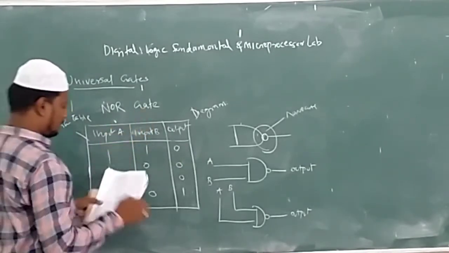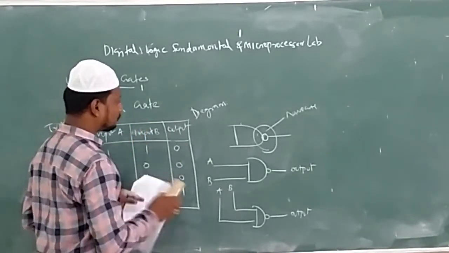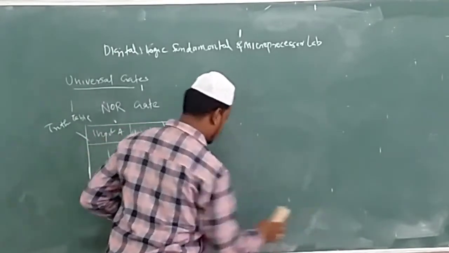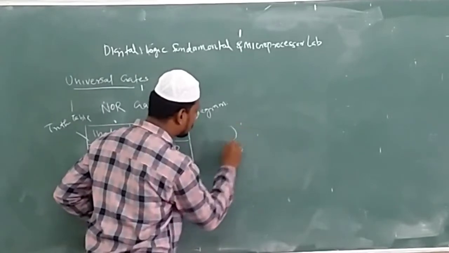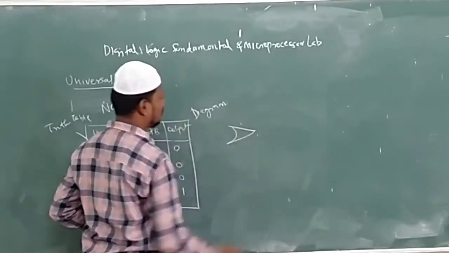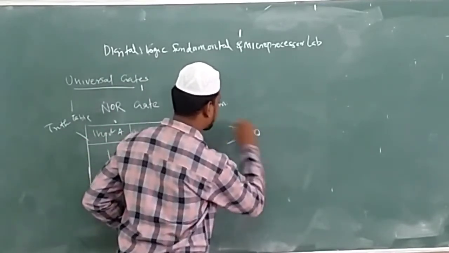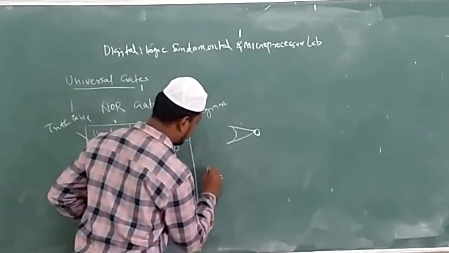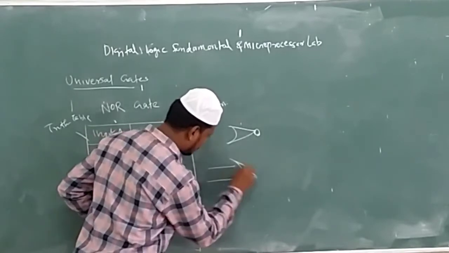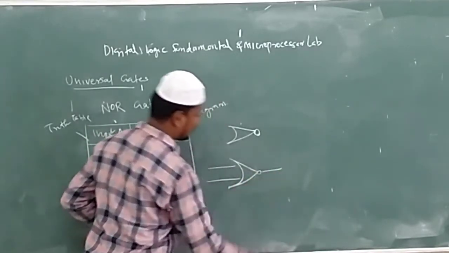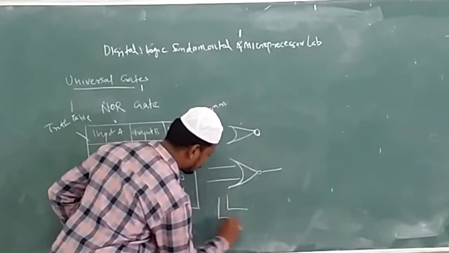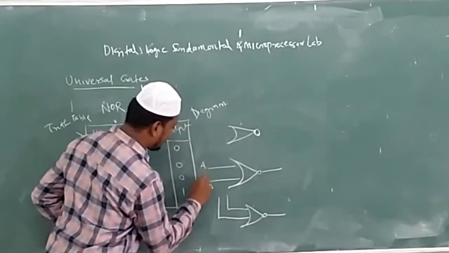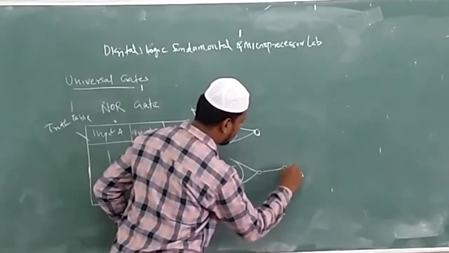What is the diagram? This is the NOR gate diagram. Then the simplification: one example, with the A value and B value giving the output.